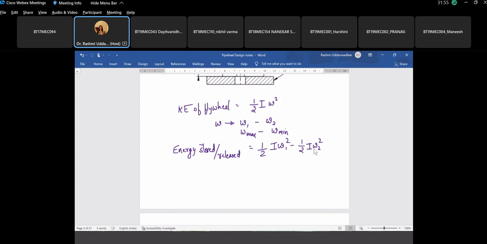Either it is rotating at this RPM, excess amount of power is generated which gets stored. So this difference is the energy stored or the energy released, which I am rewriting as half I into omega 1 square minus omega 2 square.